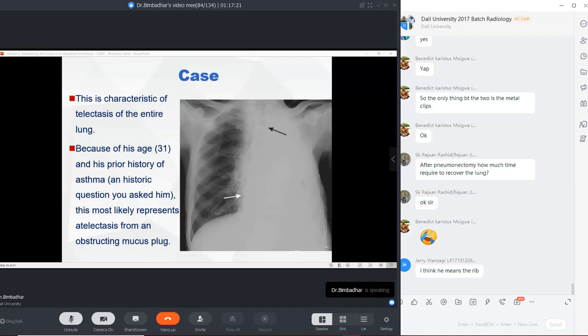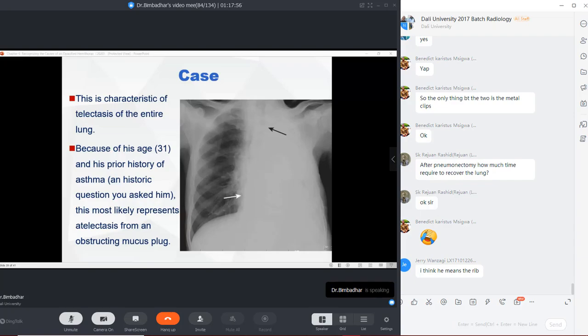Pneumonectomy generally means removing the entire lung. Removing a part of a lung is called lobectomy, but the time required to recover depends on his pulmonary capacity and his underlying diseases. After pneumonectomy, how much time is required to recover depends on the cause why the lobe or the lung has been removed, and whether there is any underlying disease.